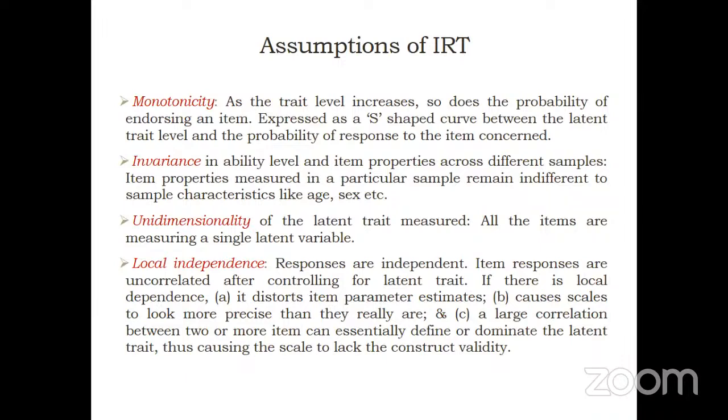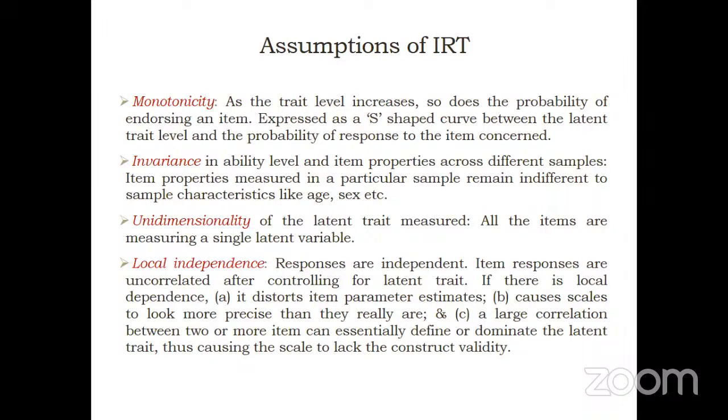IRT assumes that there is an invariance in the ability level and item properties across different samples. So item properties measured in a particular sample remain indifferent to sample characteristics like age, sex, etc.